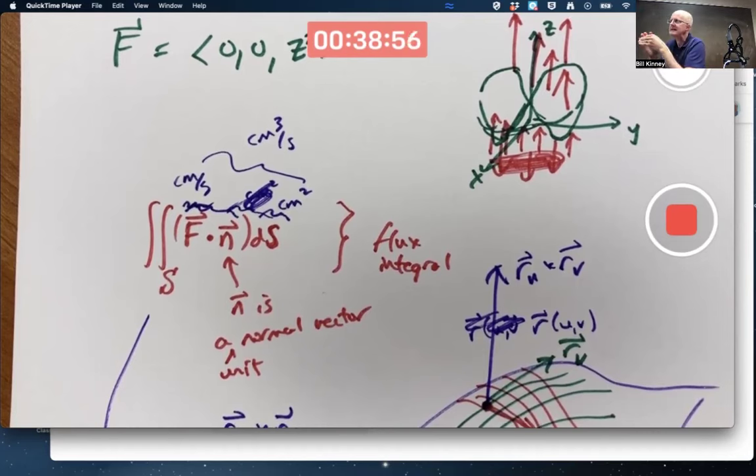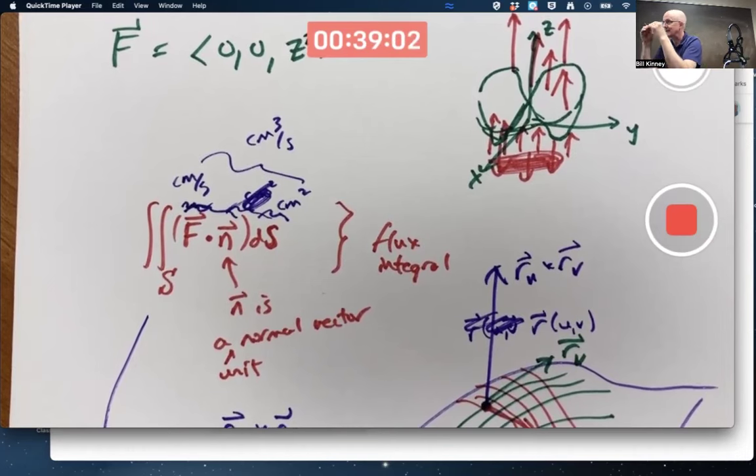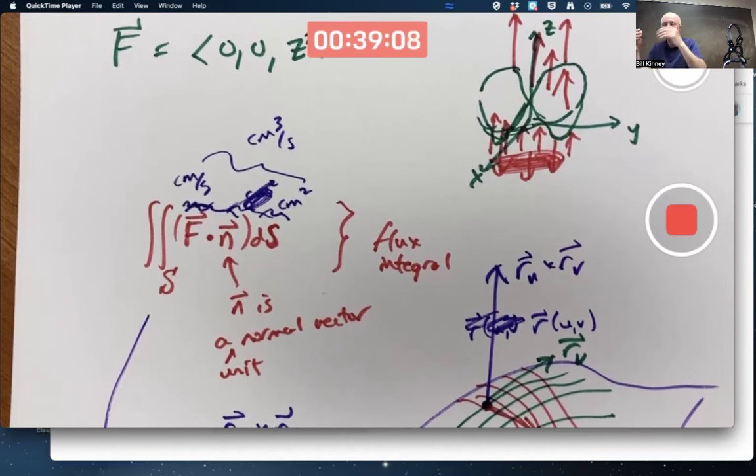Effectively, the product is an amount of fluid volume-wise in cubic centimeters per second that's passing through that small little bit of surface area per second. But then when you integrate, you're adding those all up and getting the total amount of fluid that passes through this permeable screen every second.